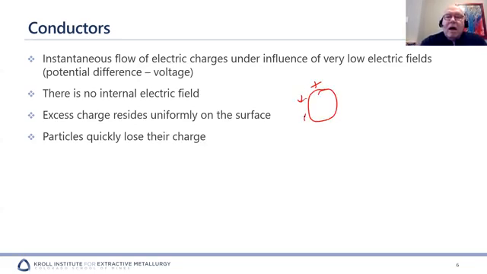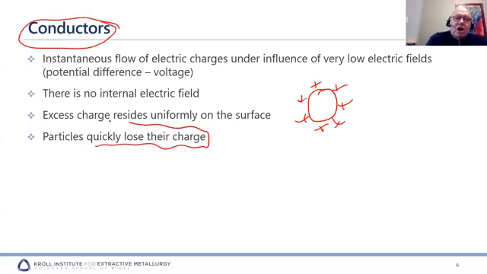So if you have a rock and it's got charges, you have the plus charges or the negative, whichever one you want to call it. But the main characteristic of a conductor is that it loses its charge quickly. So that's a conductor, loses its charge quickly.